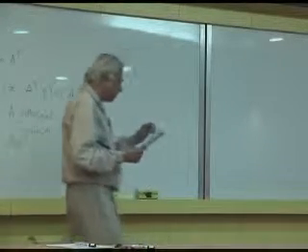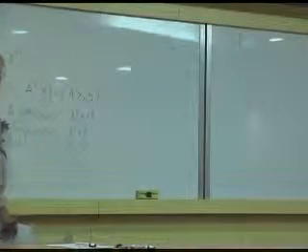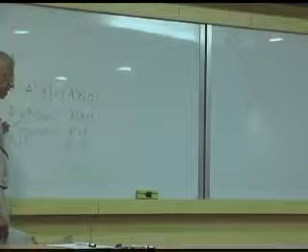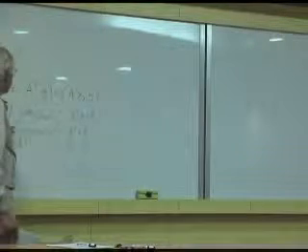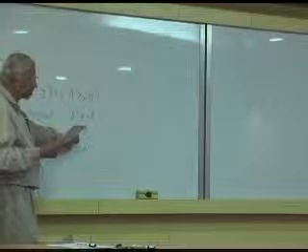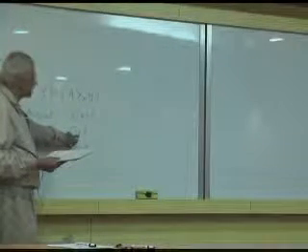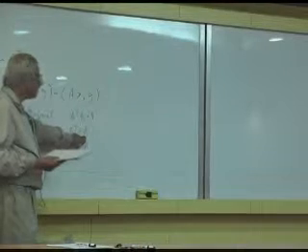Now, when we look at C and D together, we see a difference between the symmetric case and the antisymmetric case. In the symmetric case, it is always possible to find an orthonormal basis in which A is diagonal.